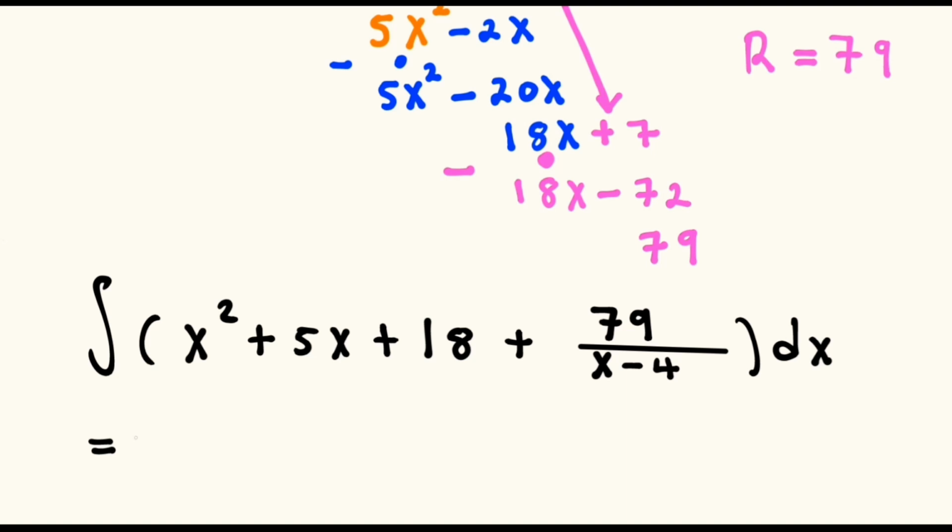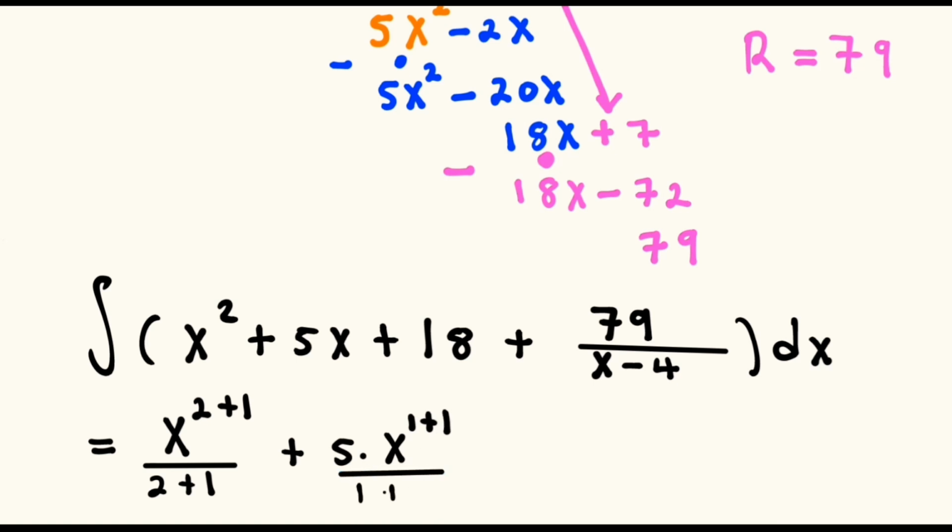The integral of x squared will be equal to x raised to the power 2 plus 1 divided by 2 plus 1, plus 5 multiplied by x raised to the power 1 plus 1 divided by 1 plus 1, plus the integral of 18, which will be equal to 18x, plus the integral of 79 divided by x minus 4, which will be equal to 79 multiplied by the ln of x minus 4, plus our constant c.